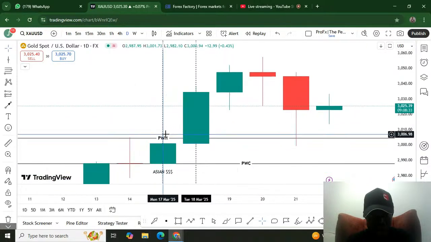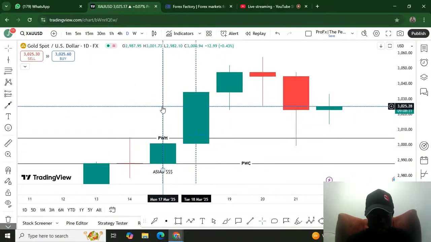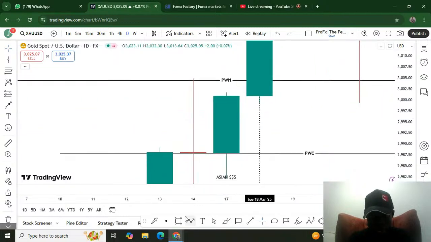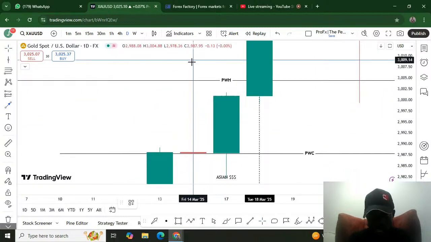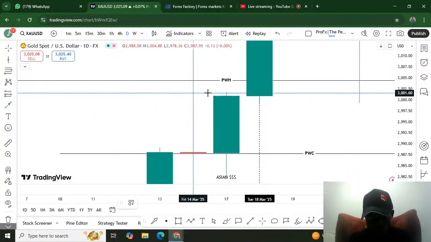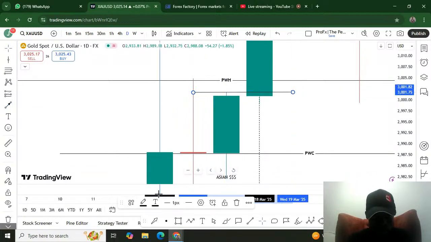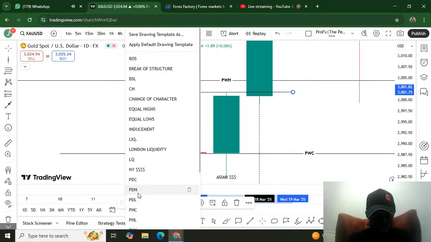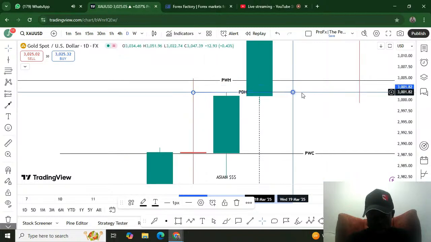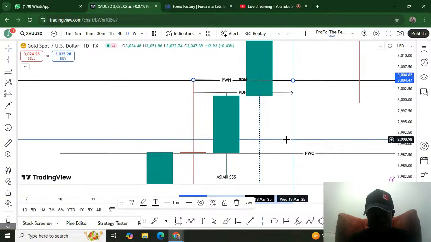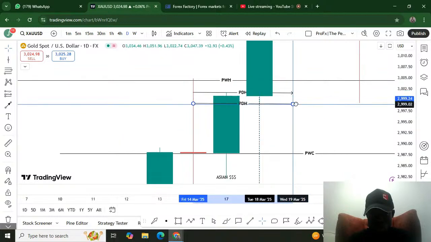We mark our high and close for Monday, preparing for Tuesday. Previous day high and previous day close.